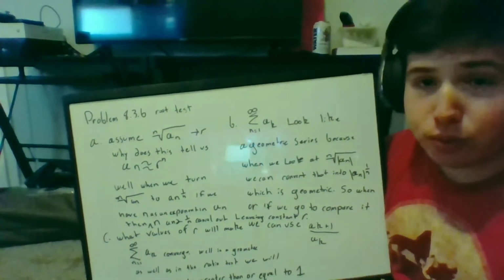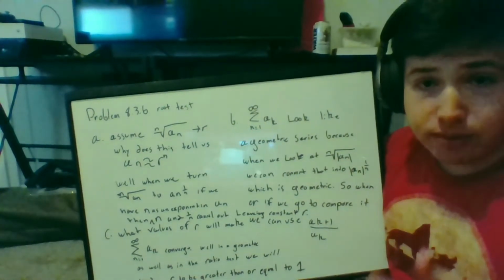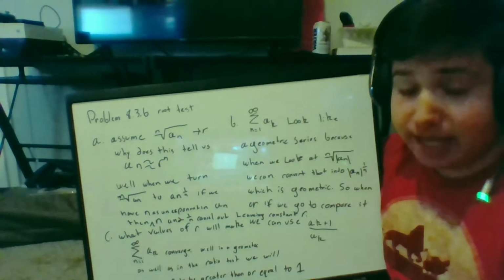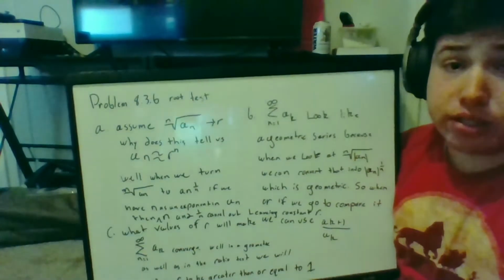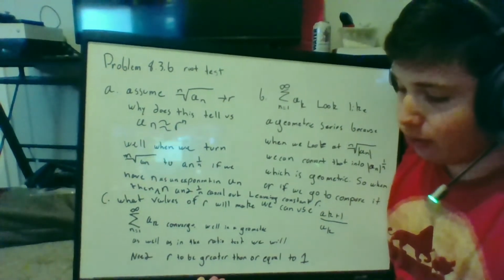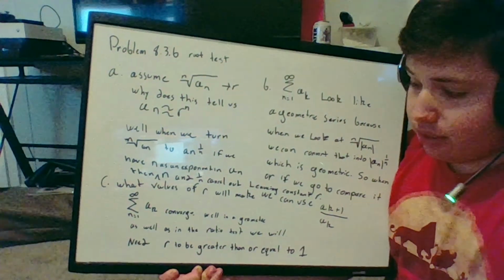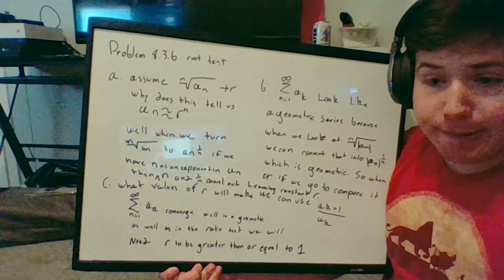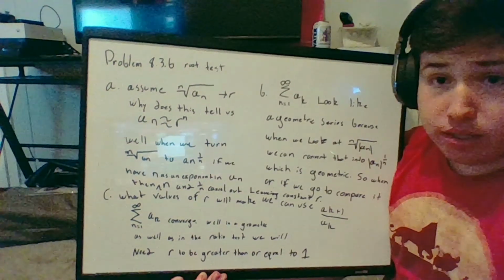And I say equal to 1 because if you get 1 in a ratio test or a root test, then it could either be absolutely convergent, conditionally convergent, or divergent. So you'd have to do another test in order to find out. But yeah, it's like the p-series test as well. If n is greater than 1, then it converges.